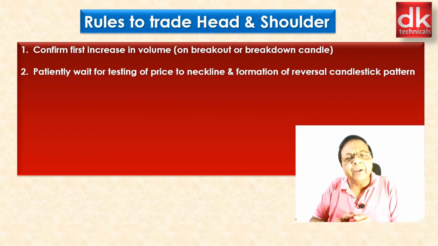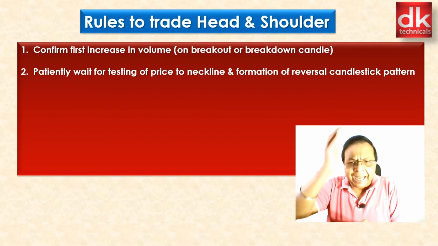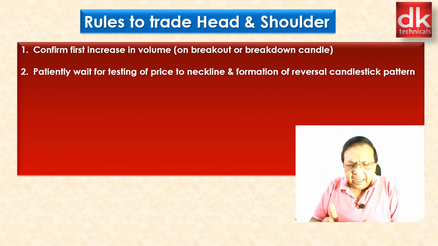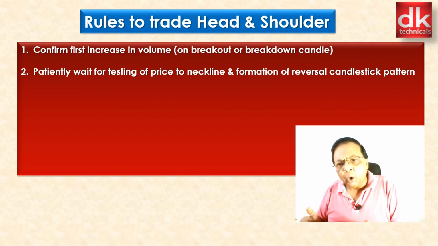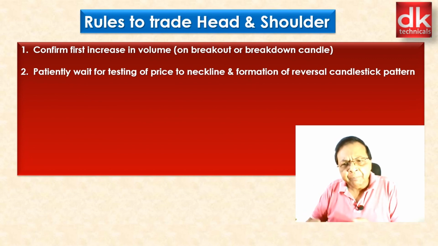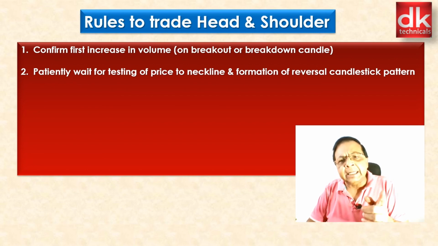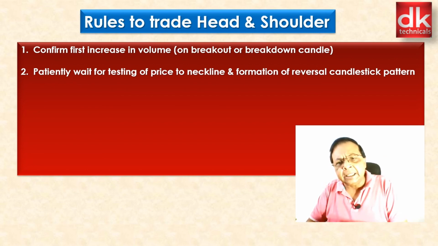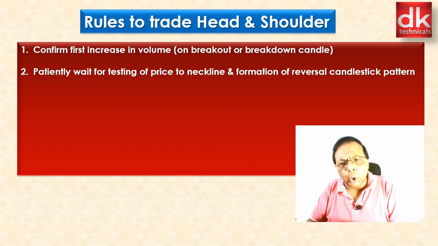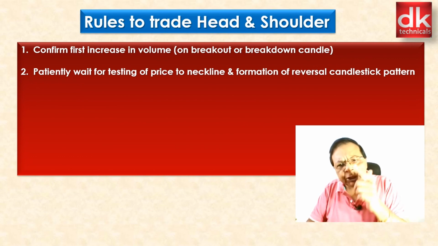I always wait for the opportunity when price corrects and tests the neckline after the breakout or breakdown has taken place, and at that time the relevant confirmation by the formation of a bullish candlestick pattern or bearish candlestick pattern as the case may be, and then I initiate the trade where the risk reward ratio is quite favorable and the probability of success is much higher.